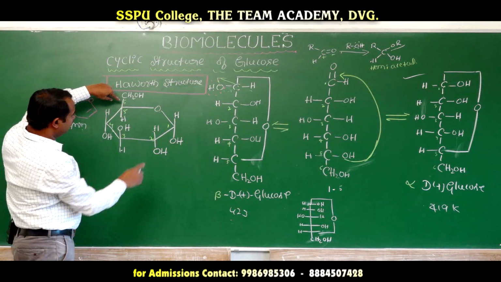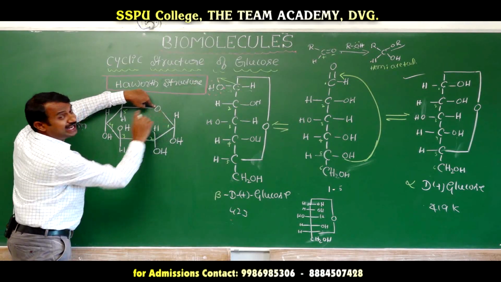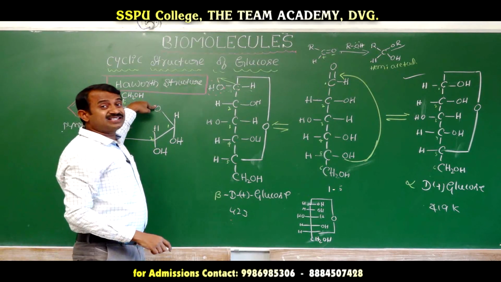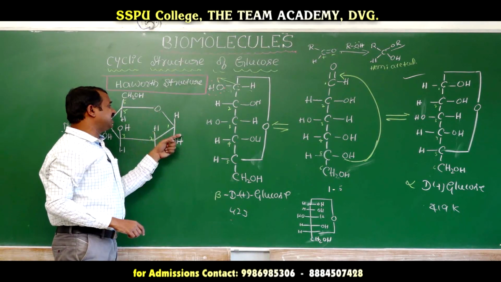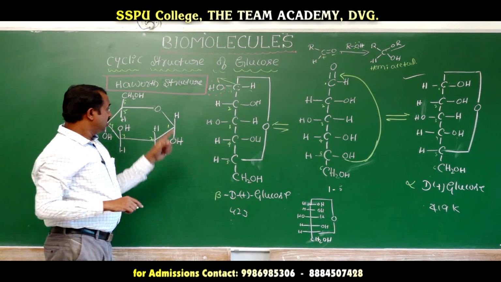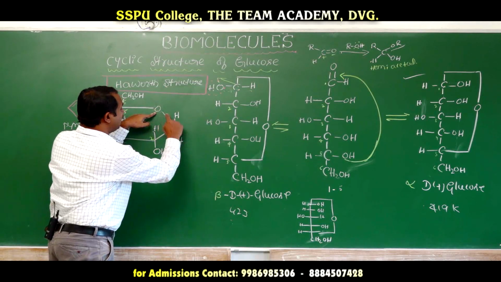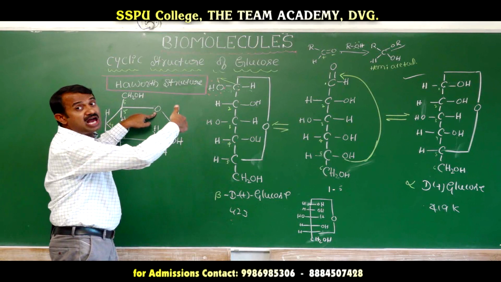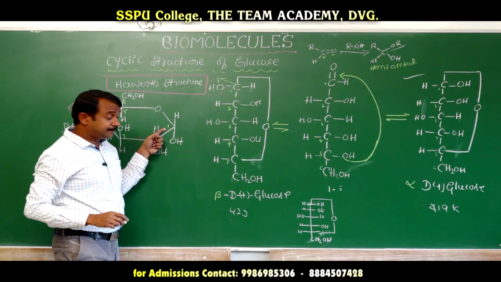Listen carefully. The C1 carbon and C5 carbon are linked cyclically through an oxygen linkage. Here both carry alkoxy groups, so it is an acetal derivative. This glucose has an acetal derivative, with the alkoxy group of alpha and beta forms at the anomeric carbon.